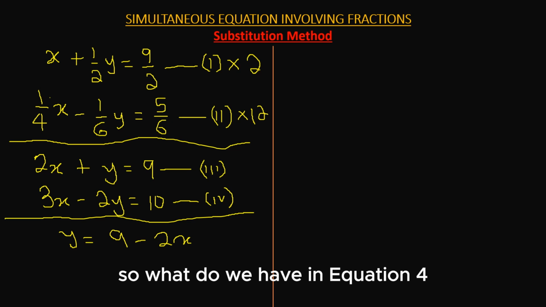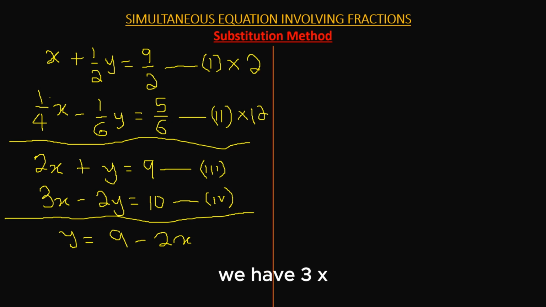So what do we have in equation 4? We have 3x minus, so instead of y now, we're going to have 2 into brackets 9 minus 2x, equals 10.